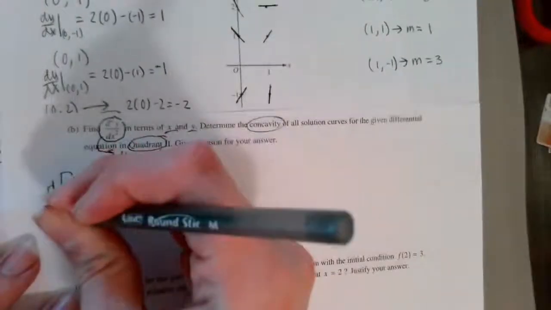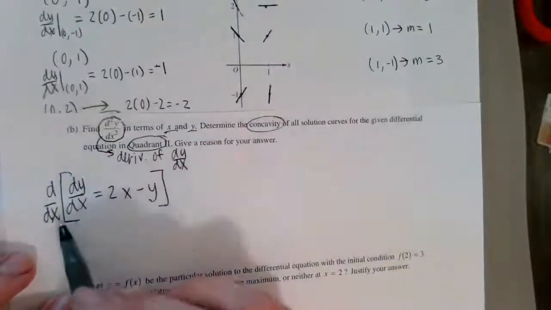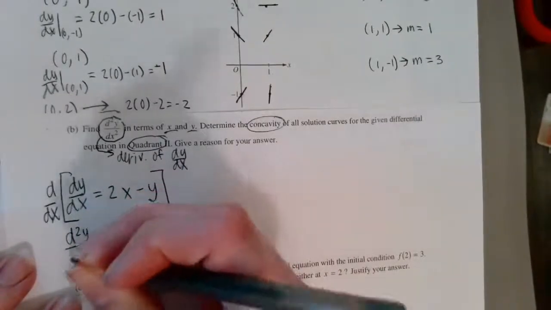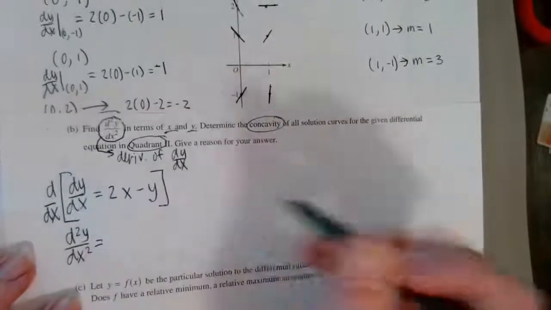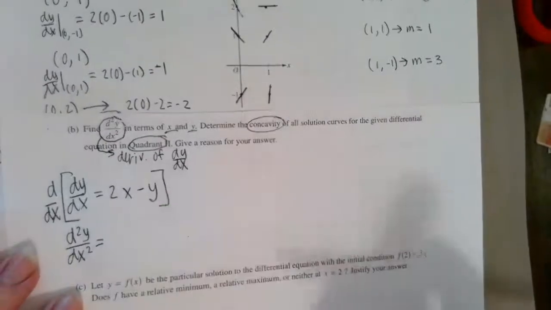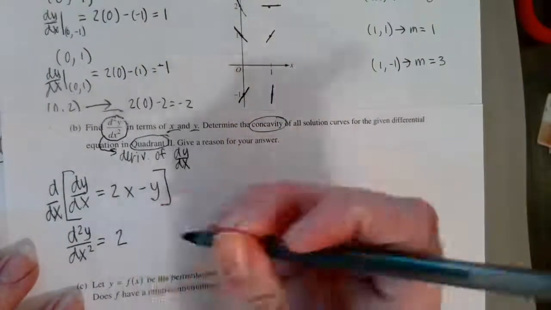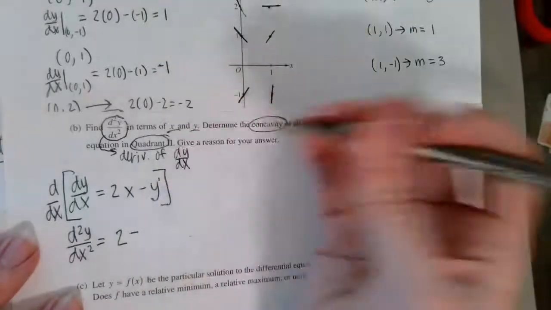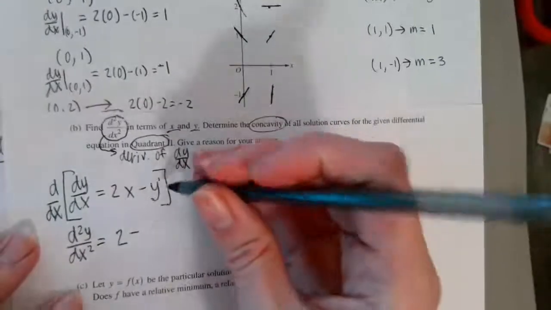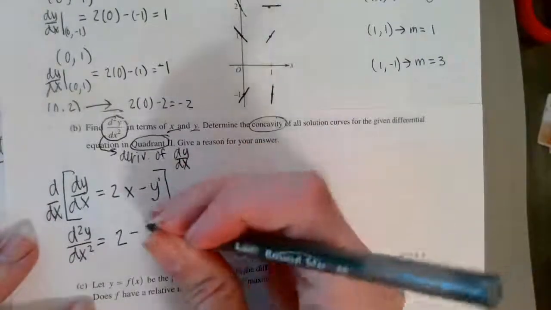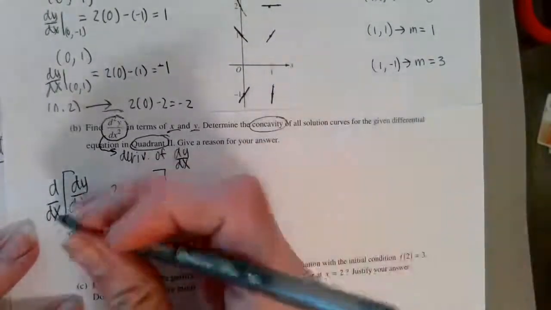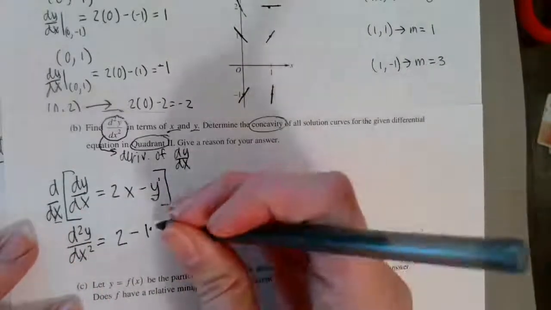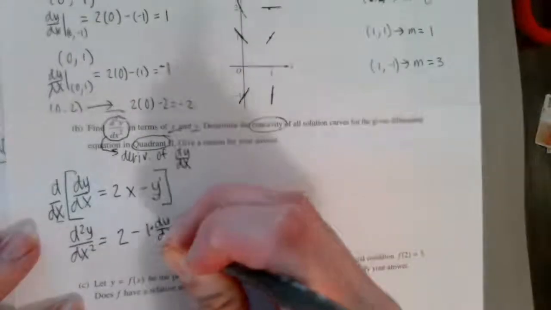I'm going to put d dx out front. The derivative of dy dx is d squared y over dx squared equals the derivative of 2x, which is 2, minus the derivative of y, which is y to the first power. The derivative of y to the first power is 1, y to the 0 power, but watch out, these variables don't match. Implicit, times dy dx.